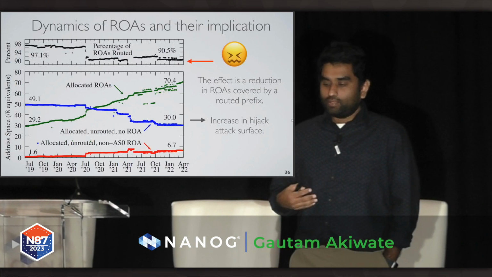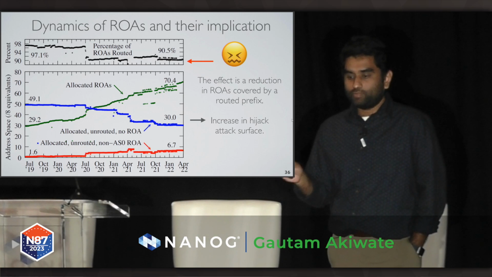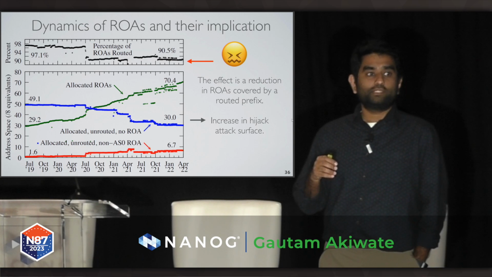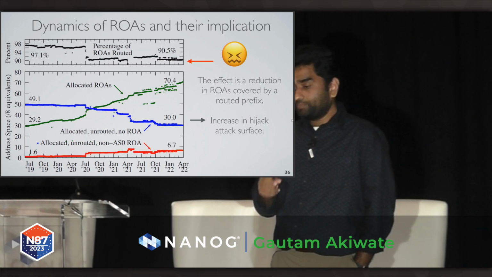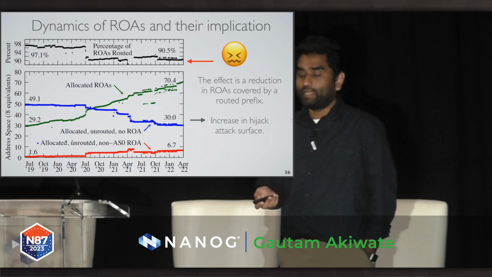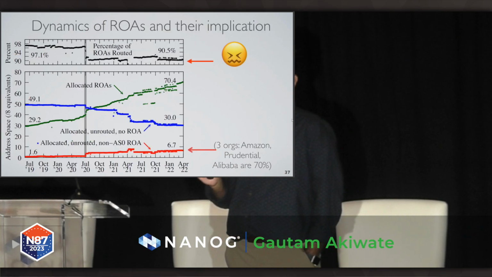And a prime reason why this has happened is that over time, we have seen that address space covered by ROAs has slowly started decreasing. From a high of 97%, we are now at 90%. And actually, 70% of this can be explained by three orgs: Amazon, Prudential, and Alibaba.